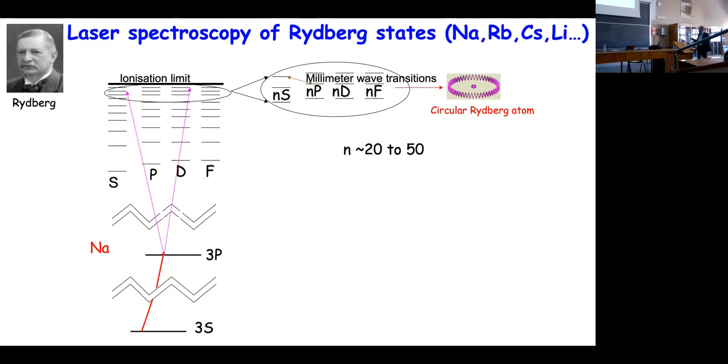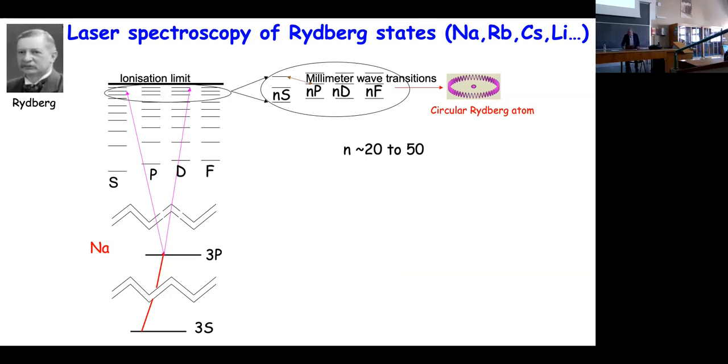But at first, we worked on the low angular momentum states here, with n varying, let's say, from 20 to 50. So we just excited these states, used field ionization to detect them, and performed a lot of microwave spectroscopy in these states.